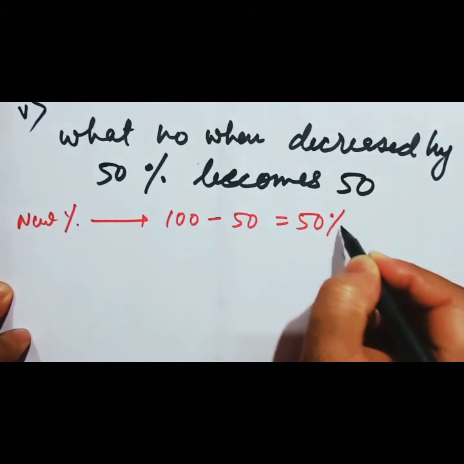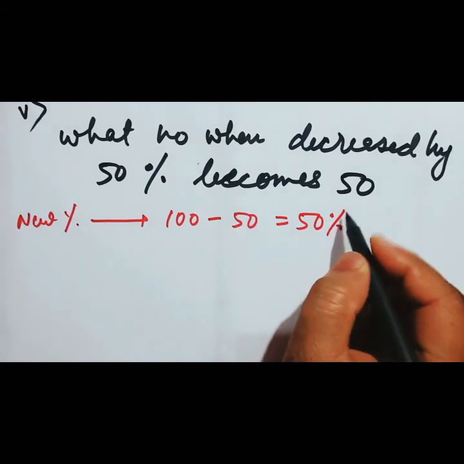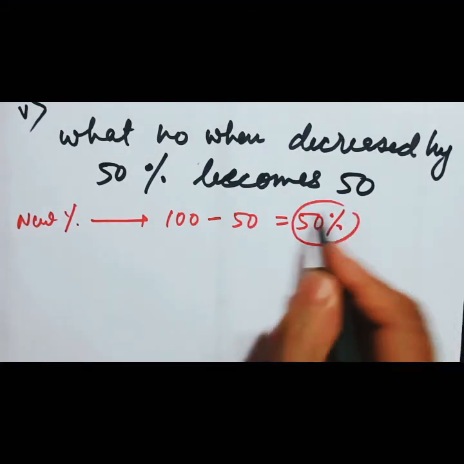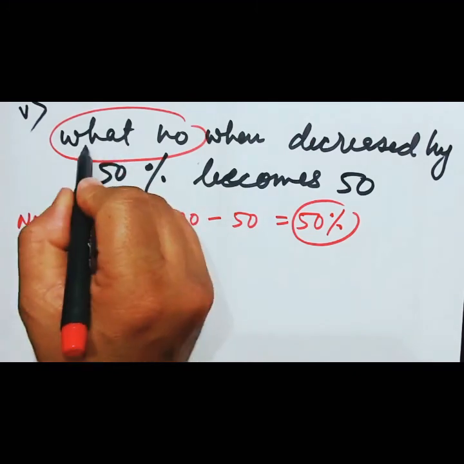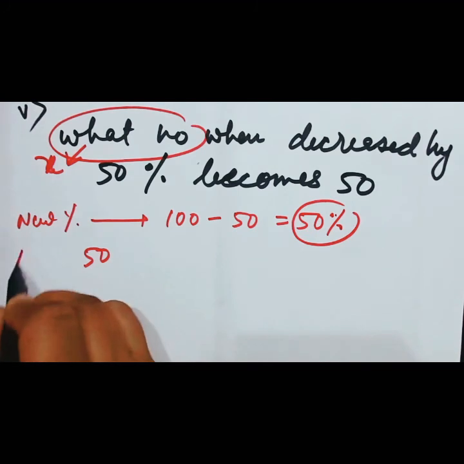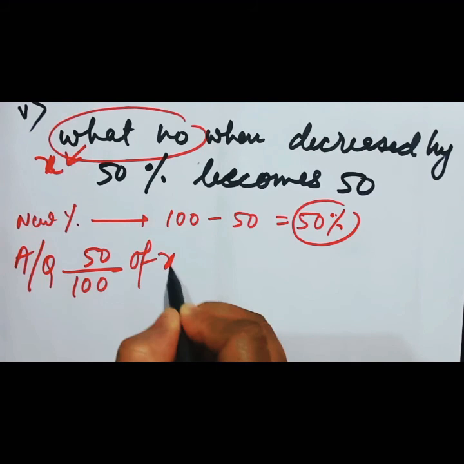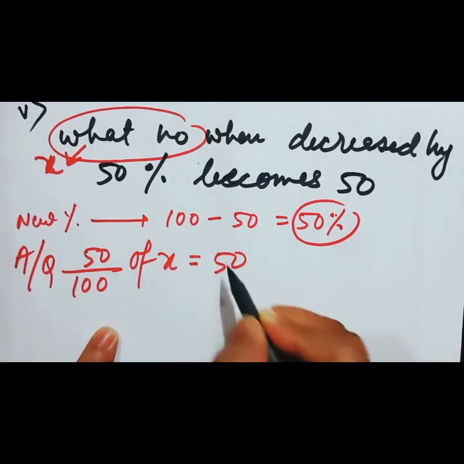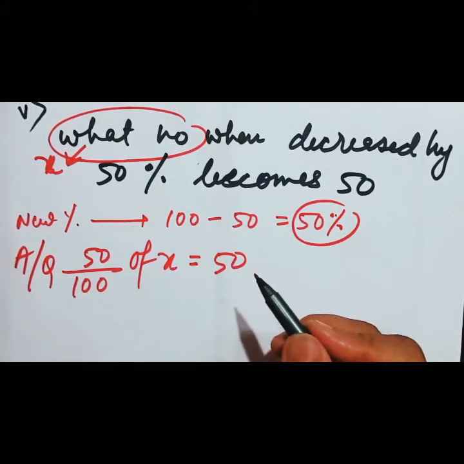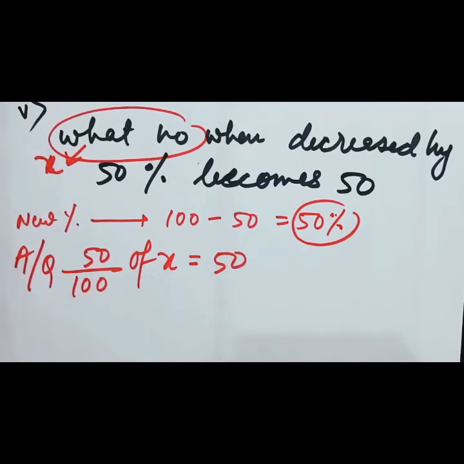So the children might get confused over here. So when we will be finding 50% of what number? Of x. So according to the question, 50% of x will give you 50. Let me tell you one most important thing over here: in this question, this part is very necessary to show that you have subtracted 50 from 100.